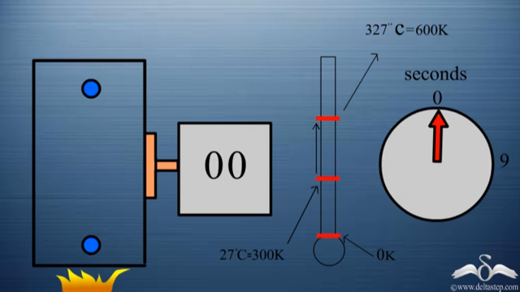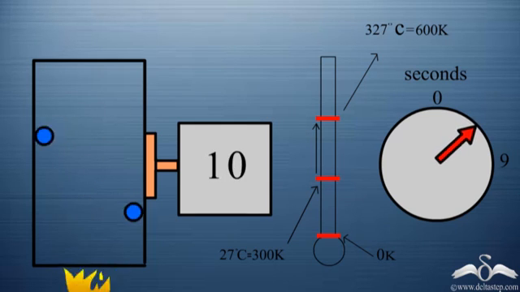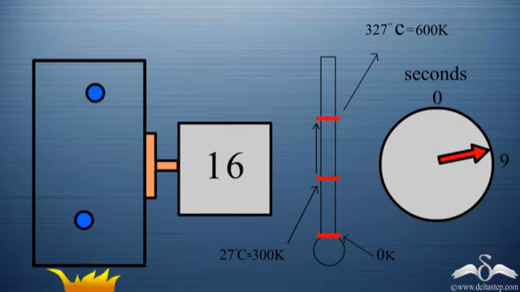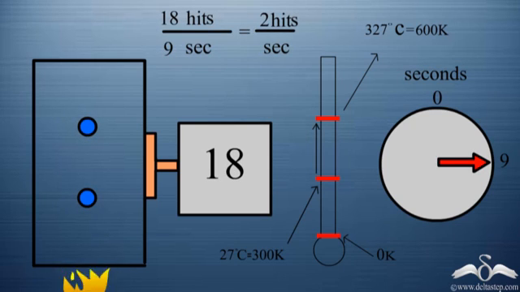Now, if the temperature is increased to 327 degrees Celsius, which is 600 Kelvin, that is, the temperature is made double. Initially, we had 300 Kelvin. Now we have 600 Kelvin. When the temperature is doubled, you observe that you get 18 hits.